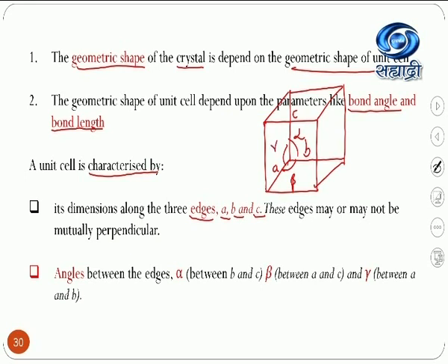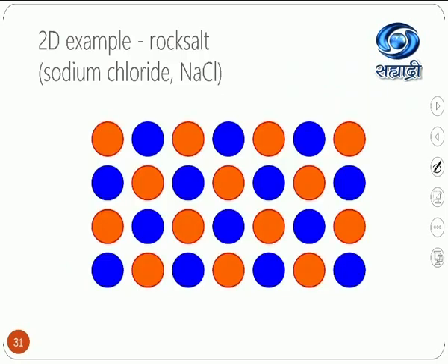This edge length and bond angle decide the geometric shape of the unit cell, and the geometric shape of the unit cell decides the geometric shape of the whole crystal. The angle between the edges: alpha between B and C, beta between A and C, gamma between A and B.